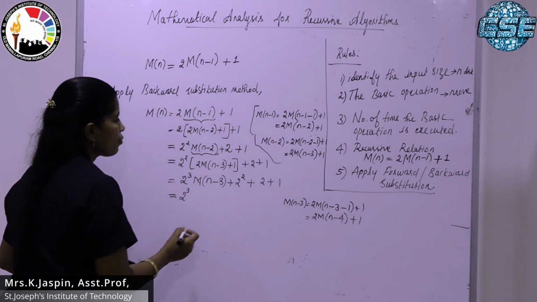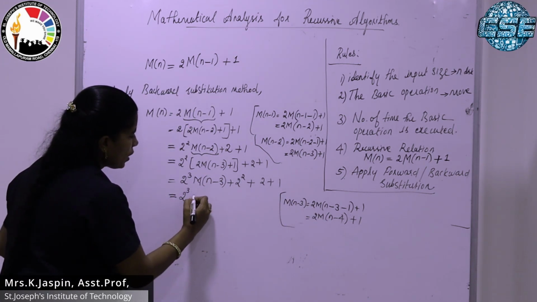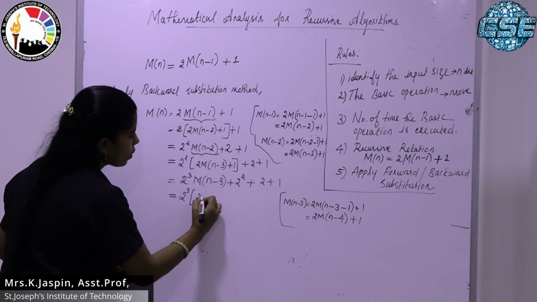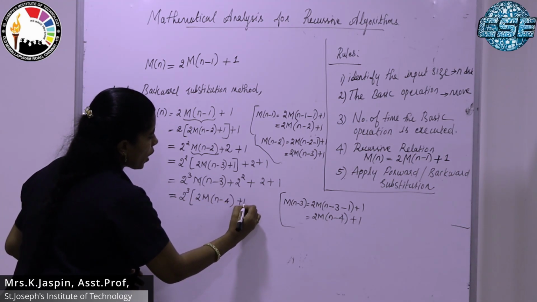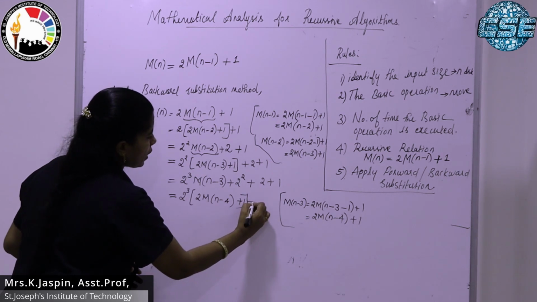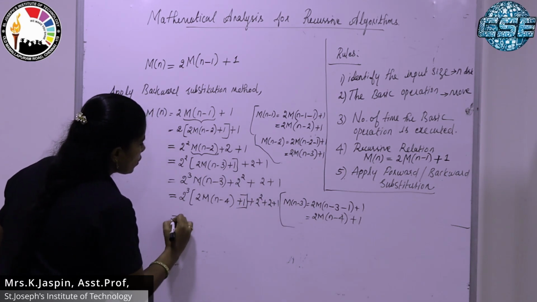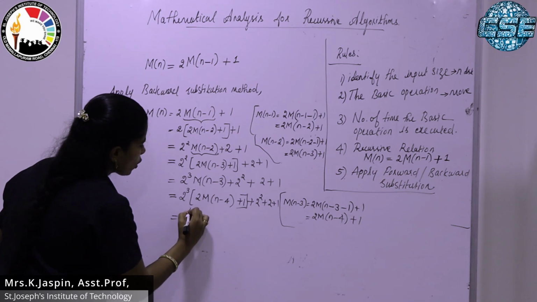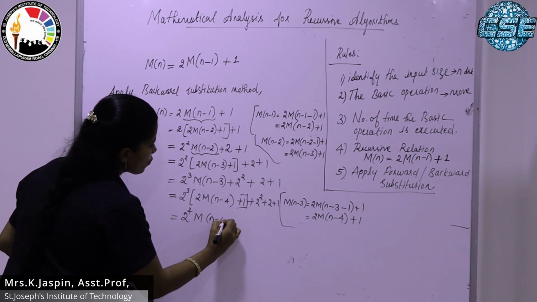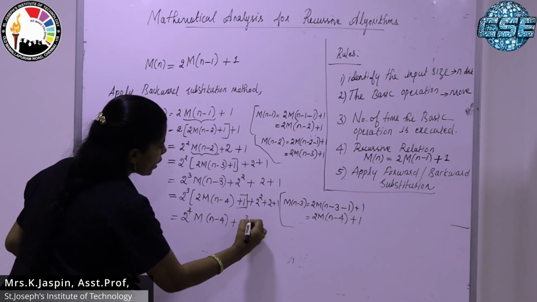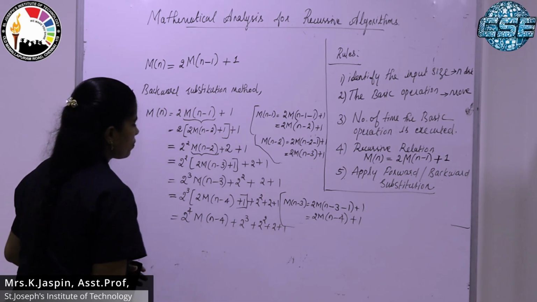This is the answer for this term which we are going to substitute in this equation. So here you will be getting 2 M of n minus 4 plus 1, plus 2 to the power 2, plus 2, plus 1. While I am multiplying, we will be getting 2 to the power 4 M of n minus 4, plus 2 to the power 3, plus 2 to the power 2, plus 2, plus 1.